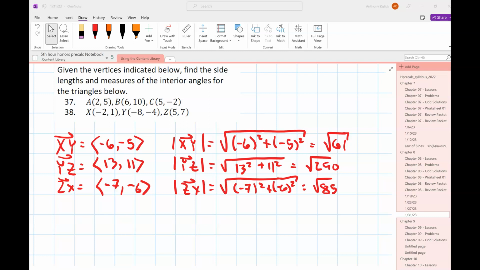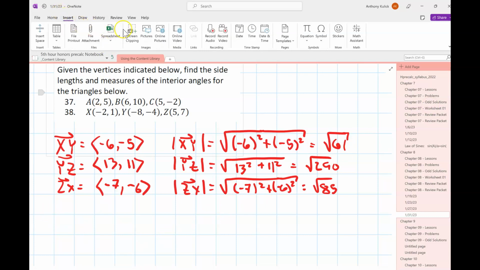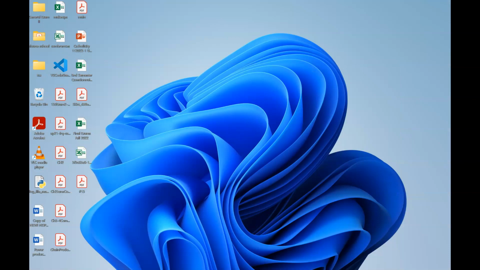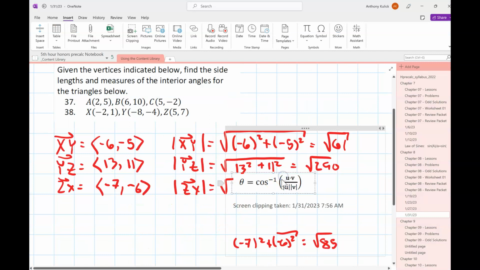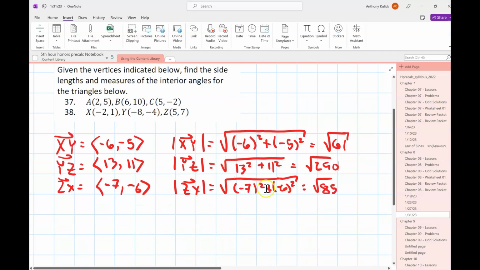Now, I have to be a little bit careful with how I'm doing that, as if we remember back for that formula, let me go pull that up real quick. So that was the formula.